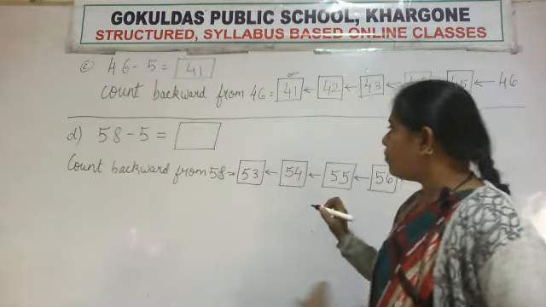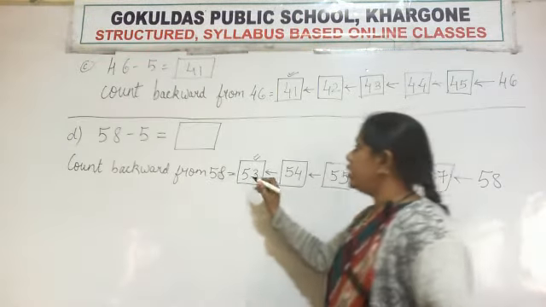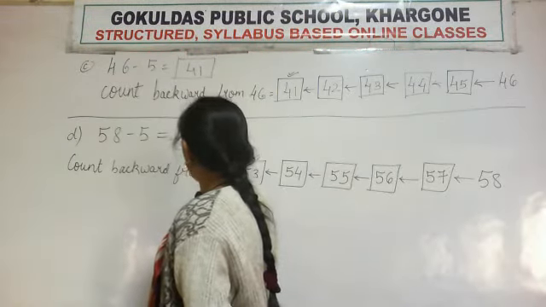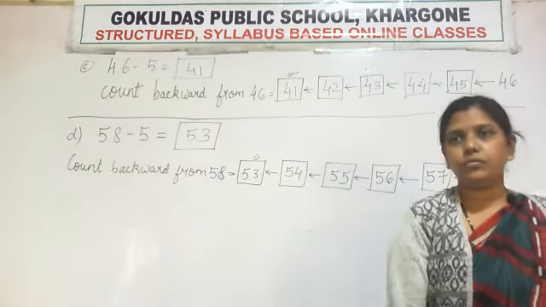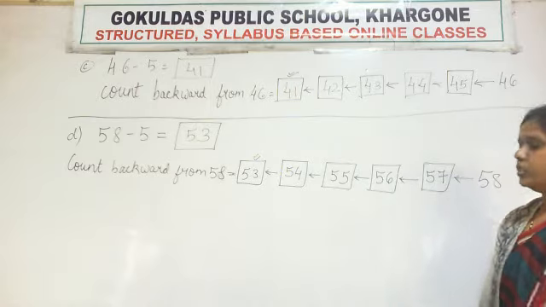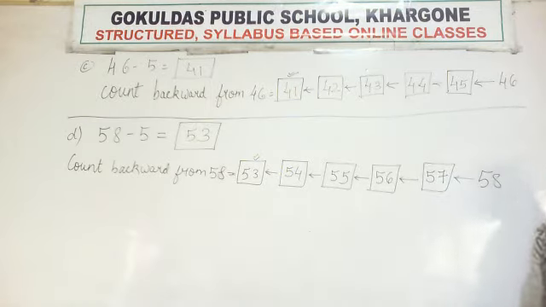So the answer of 58 minus 5 is 53. Write the answer. And copy the answer from the board. Copy correctly from the board.